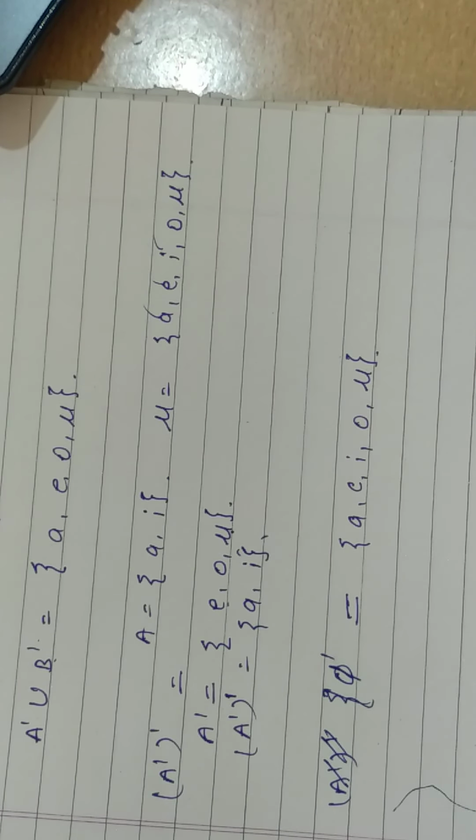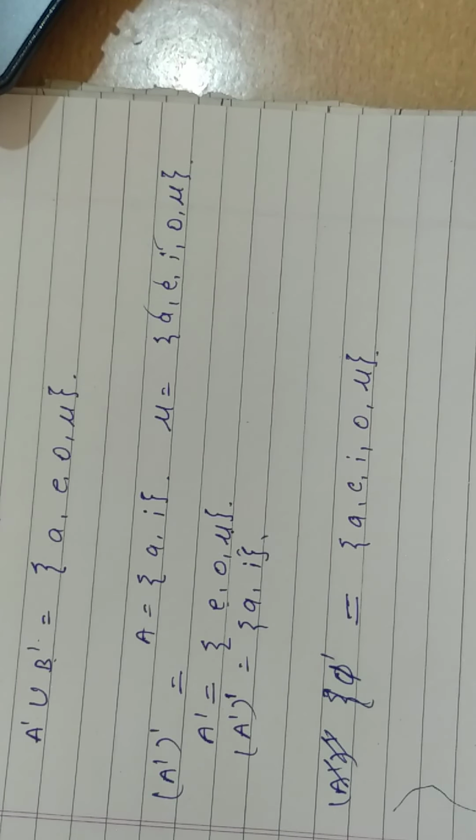Now second, we are finding A intersection A complement. In the first case we are finding the union, and in the second case we are finding the intersection. Whenever you find the intersection of a set with its complement, then always we get phi. Okay.